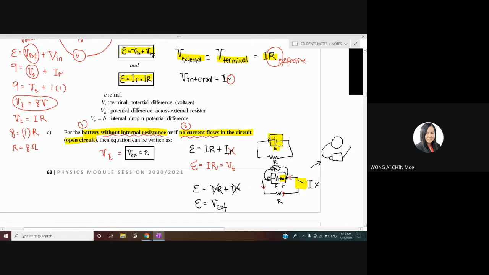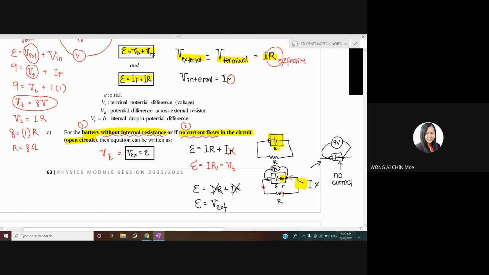Of course, the voltmeter is from terminal positive to terminal negative, so you will see the measurement is still showing 9 volt. Kerana tak ada arus, even though kalau dia ada internal resistor, tapi masalahnya internal resistor ini tak ada arus mengalir.